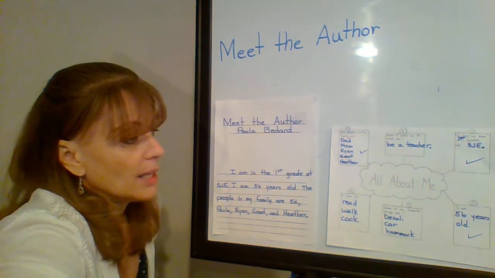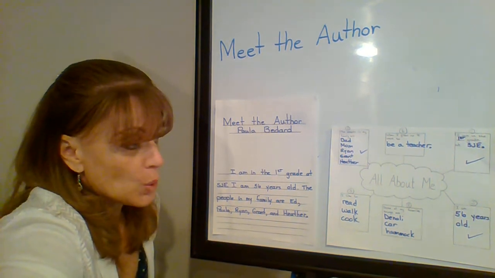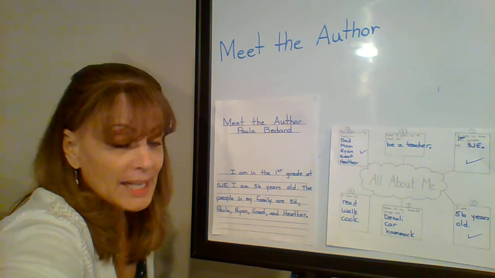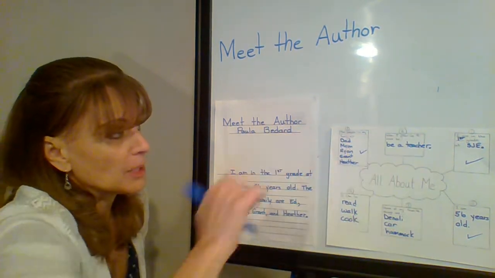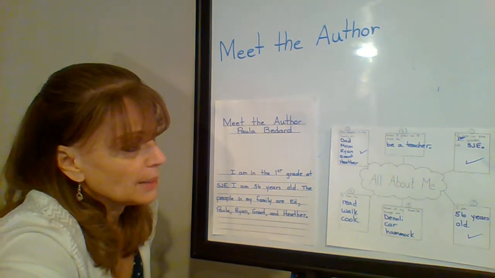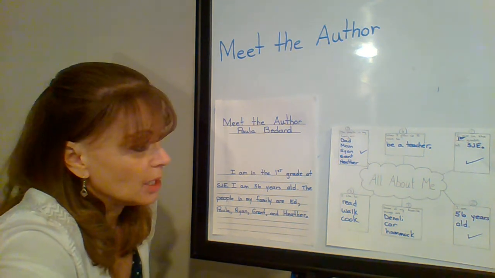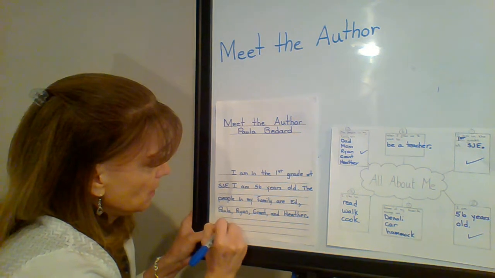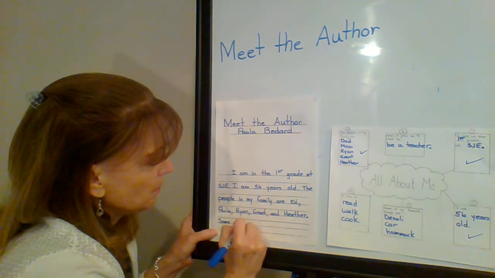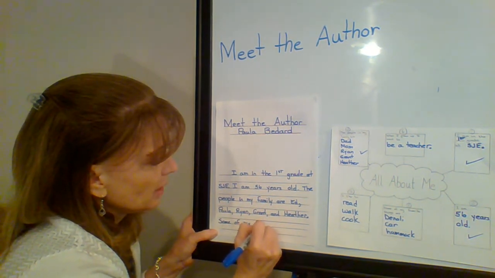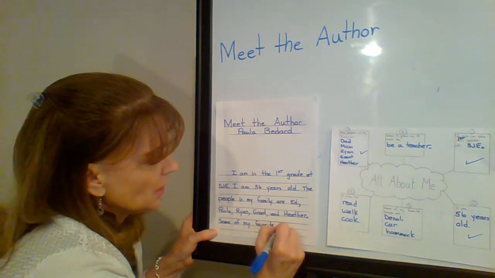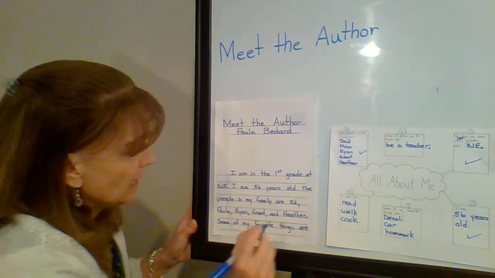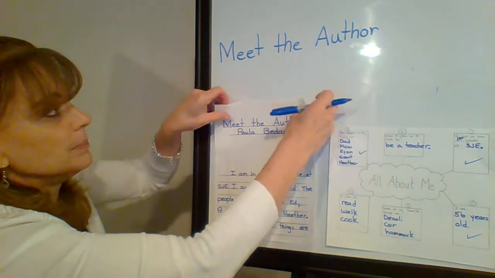Okay. Now, when we get to number 4, we're going to start being more descriptive. We need to add some things. We just copied 1, 2, and 3. But now I want to describe a little. So some of my favorite things are, now you notice I ran out of room.